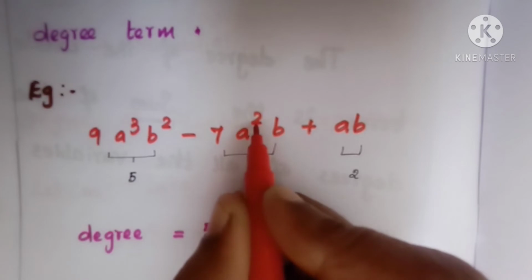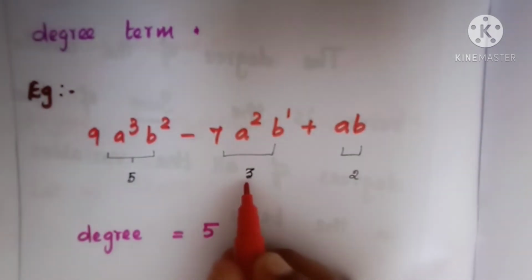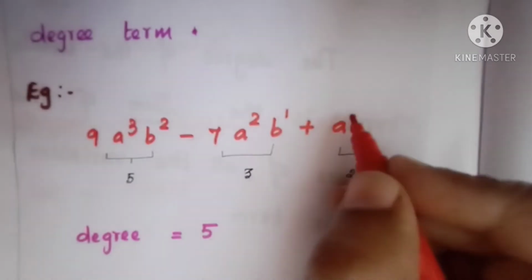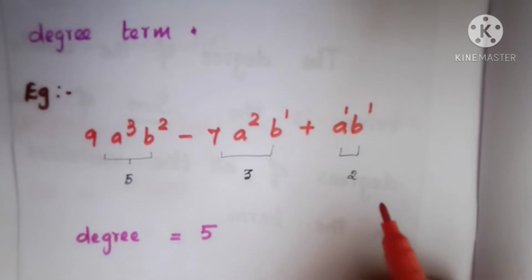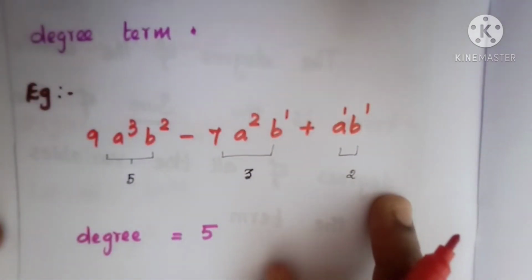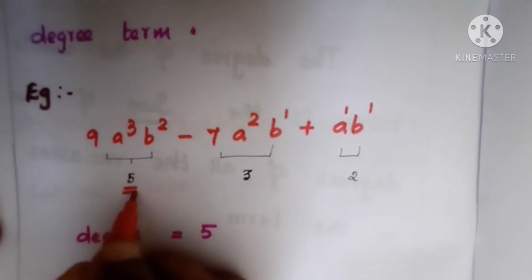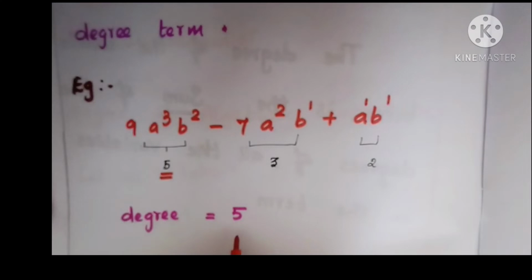Here a square b power 1, so 2 plus 1, 3. And here a power 1 and b power 1, the degree is 2. And for the polynomial, which one is the highest degree? That is the degree of the expression. So the degree of the polynomial is equal to 5.